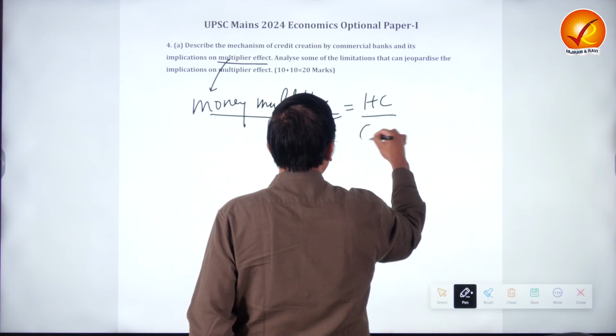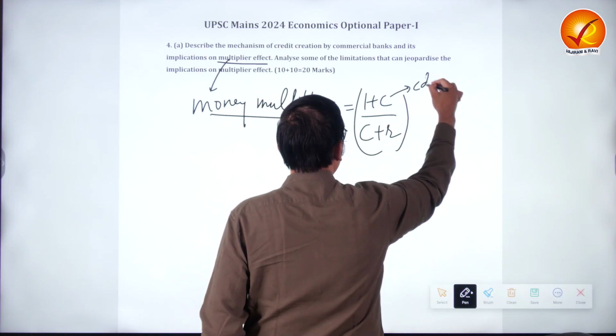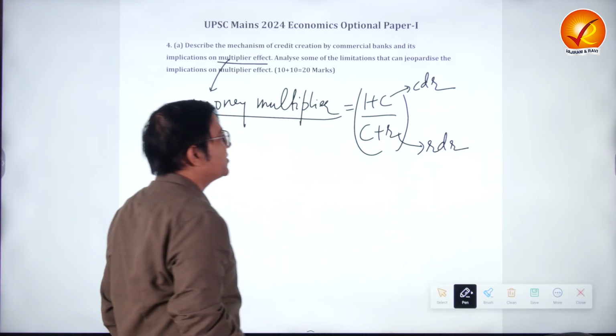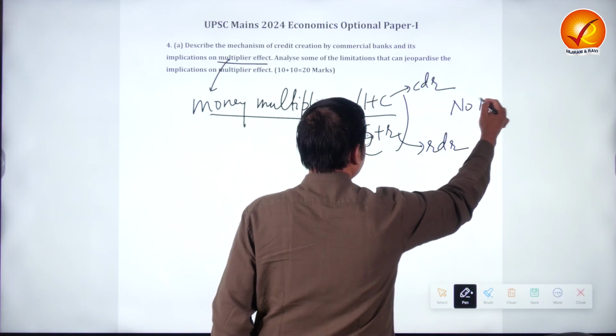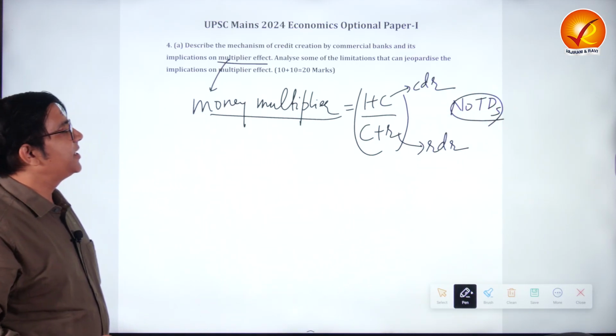I am not deriving it because this is a traditional part of it. c is CDR here, currency deposit ratio, r is reserve deposit ratio. And here we are assuming that there are no time deposits. So clearly this is a simpler version of the money multiplier.